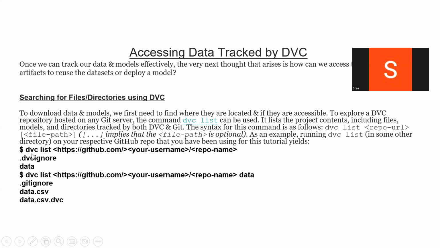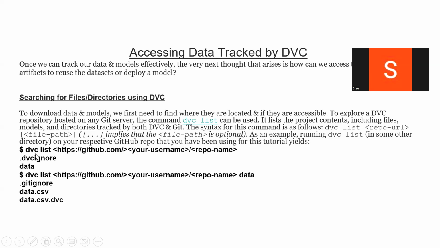And DVC list is going to give you the list of files that are available. You need to give the git repository name. If you want to see it data-wise, then it will be DVC list, repository name, space, data, and data is a folder here.